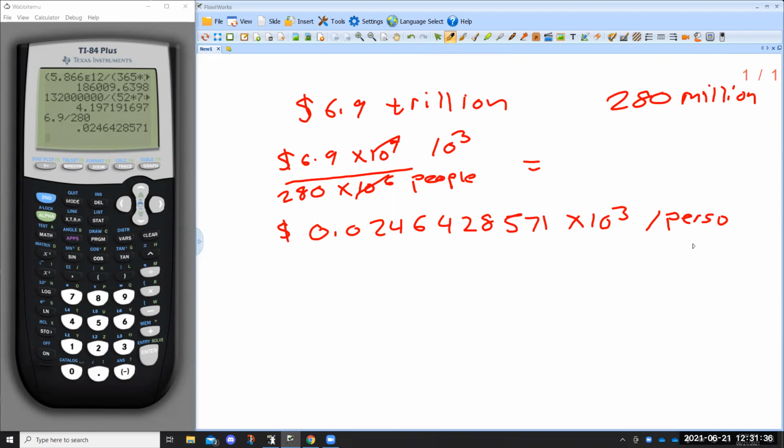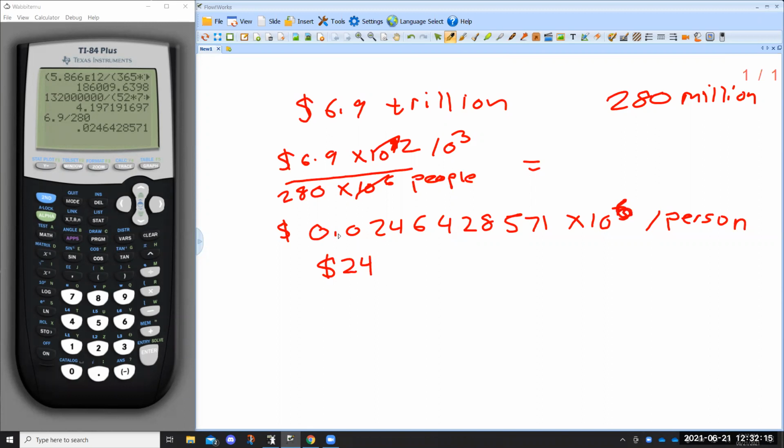So let's make this dollars and cents because we're talking about money. Oh, hang on. This is 12. Million, billion, trillion. So that's 12. This is 10 to the 6th.